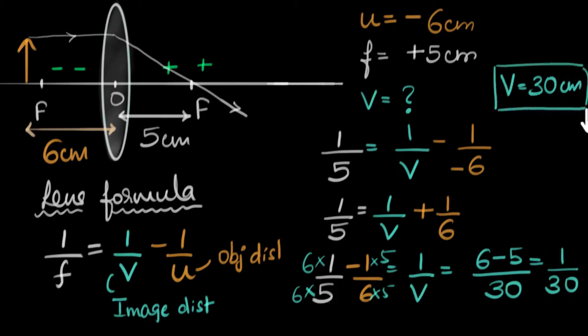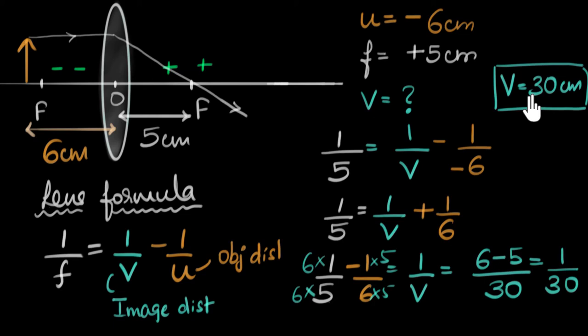That's the image distance. So this tells us our image is going to be 30 centimeters from the optic center. But which side will that image be? Because images can be on either side. Is it on the left side or the right side? For that, we look at the sign of the image distance. If this was negative 30, then it means that the image is on the left side of the lens.